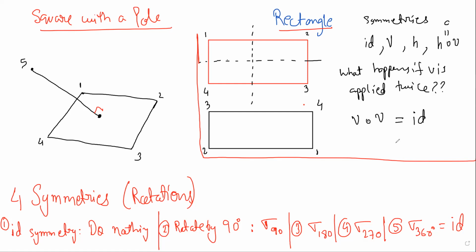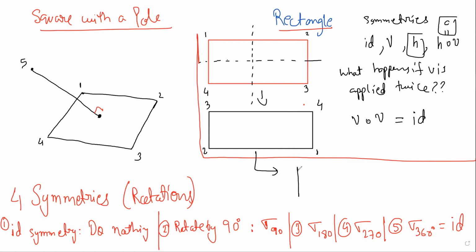So I'm just writing it like this, okay? If you apply V once and then again, you return back. Similarly, you can check that if you apply H twice, you return back to the same position. And similarly, if you apply this complicated symmetry twice, you will return to the same position. Let's not think, let's just do it.